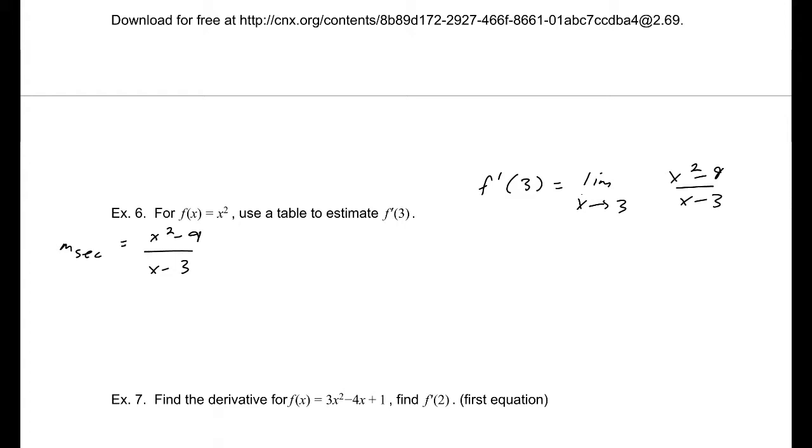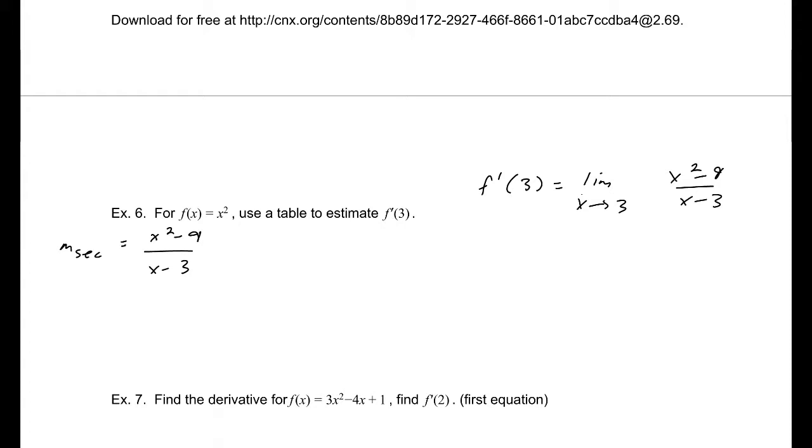It's that limit. Okay, so if we look at a table, I'm going to make a table of the function x squared minus 9 over x minus 3, as you approach 3 is the idea.